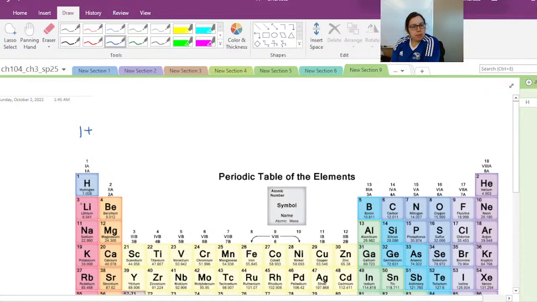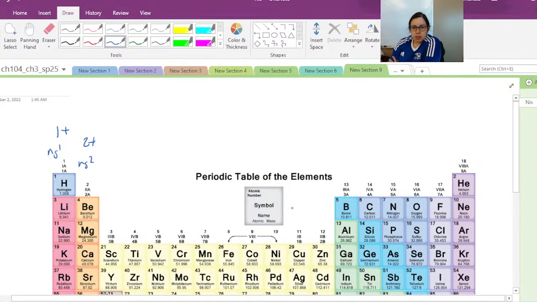So our alkali metals, we mentioned, always lose one electron. That goes with their ns1 electron configuration. We said group 2 was always 2+, again ns2 with those 2 valence electrons. Then we skipped over to group 3, where they tend to lose 3 valence electrons.